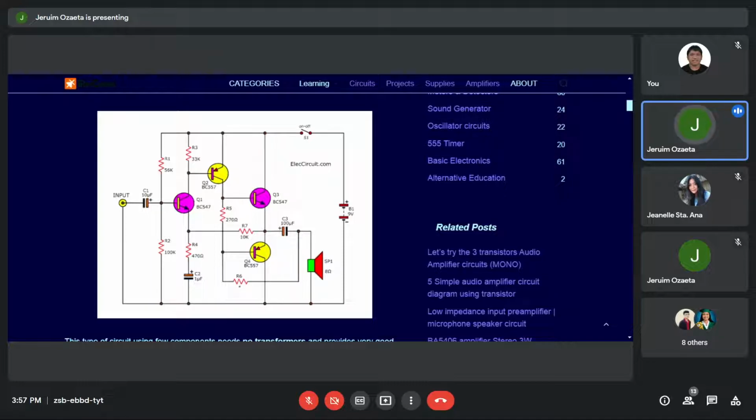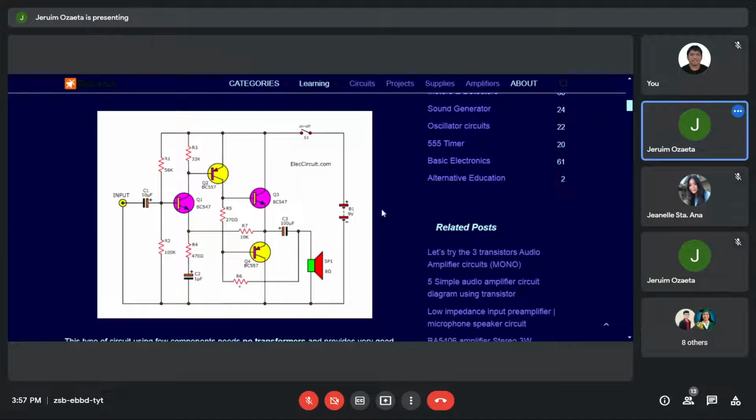But because of R6 as a feedback resistor, kapag ito nag-negative, magne-negative siya, so ano mangyari? Magdi-discharge ang capacitor. So the negative value here will freely make the capacitor discharge to negative, and then the negative will proceed to the speaker.